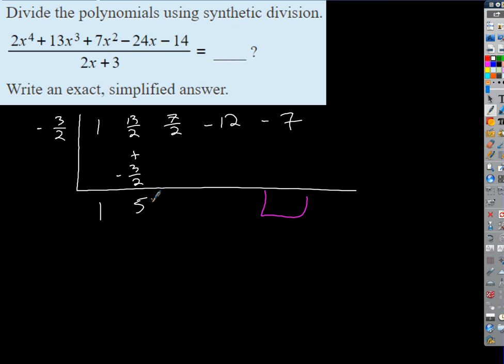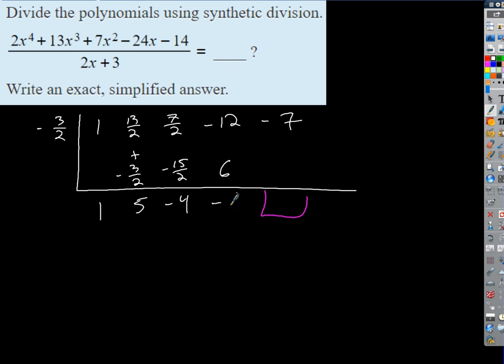13 halves plus -3 halves is positive 10 halves. 5 times -3 halves is -15 halves. So that gives us what, -8 halves? -4. -3 halves times -4 is 6.